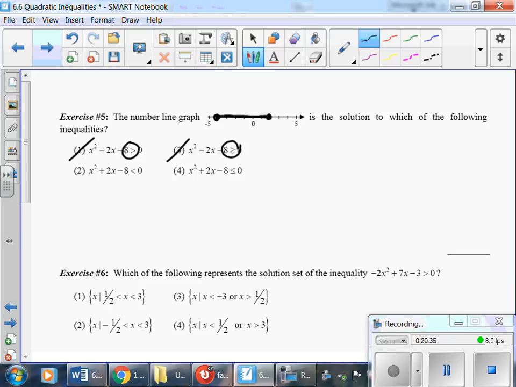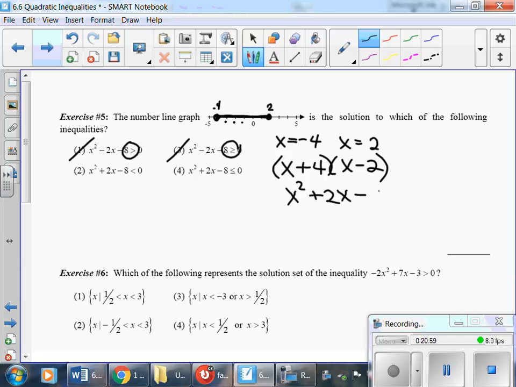Now, I also know that I have solution zeros at x equals -4 and x equals 2, because remember that's not -5, that's -4, -3, -2, -1, 0, 1, and 2. I know my factors have to be x plus 4 and x minus 2, right? Multiply them out and you get x squared plus 2x minus 8.